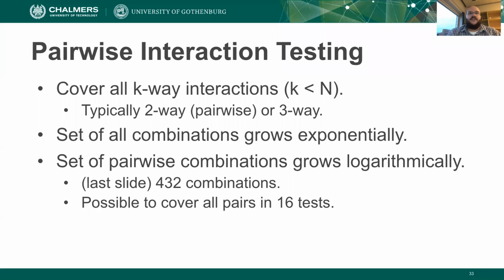So it's an enormous savings in effort. So if we cover all pairs of choices here instead of all possible combinations of choices, rather than having 432 test cases we'd have to come up with, we can now cover all these pairs in 16 tests instead. So that's much more doable than 432.